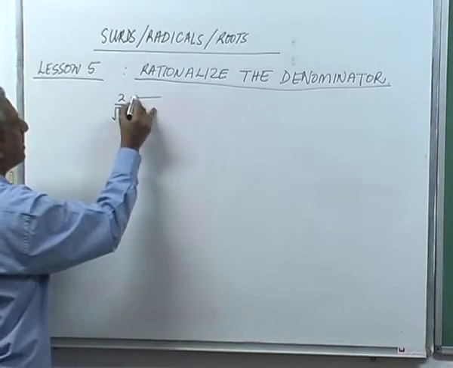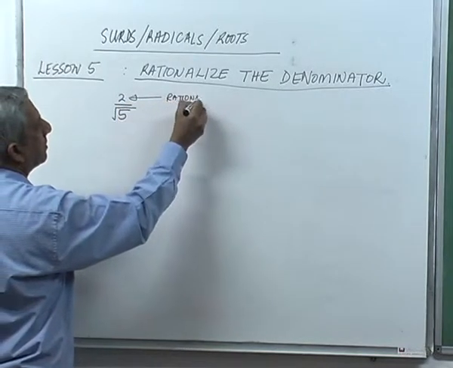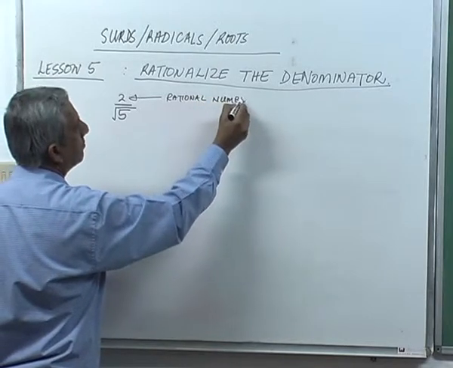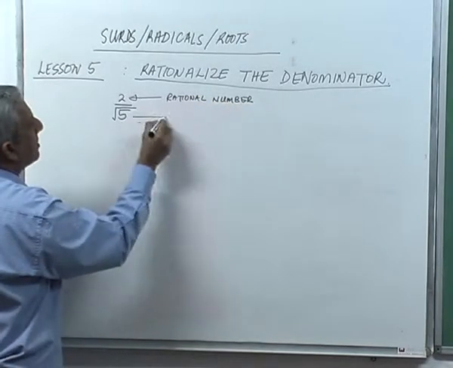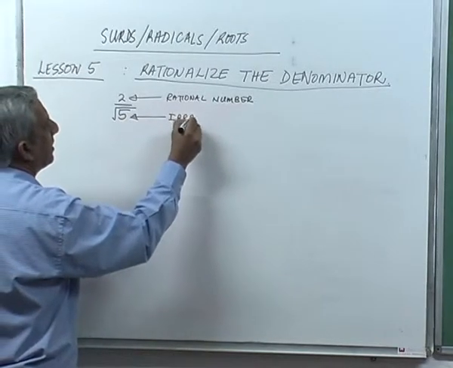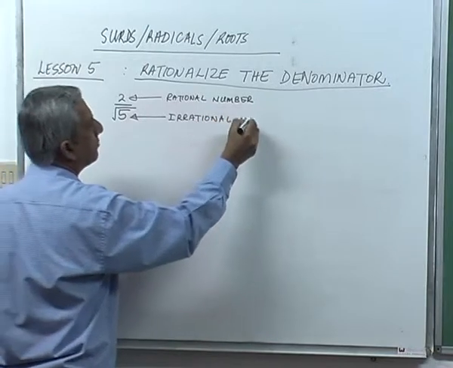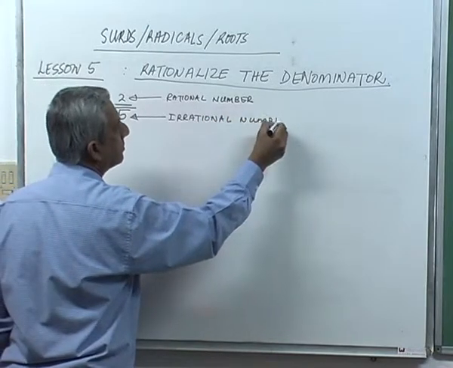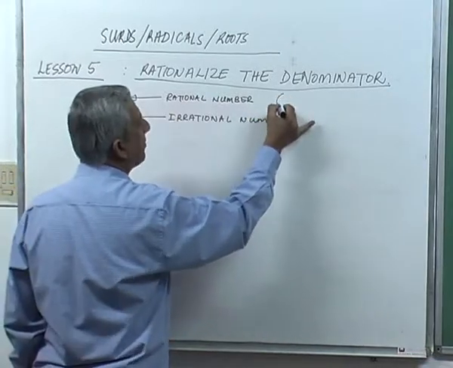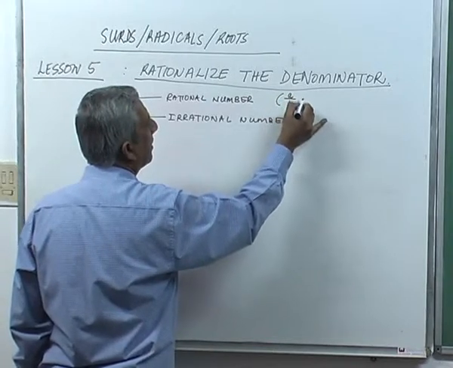Now that is a rational number. And this is an irrational number. So rational number means it can be written as A over B, right?